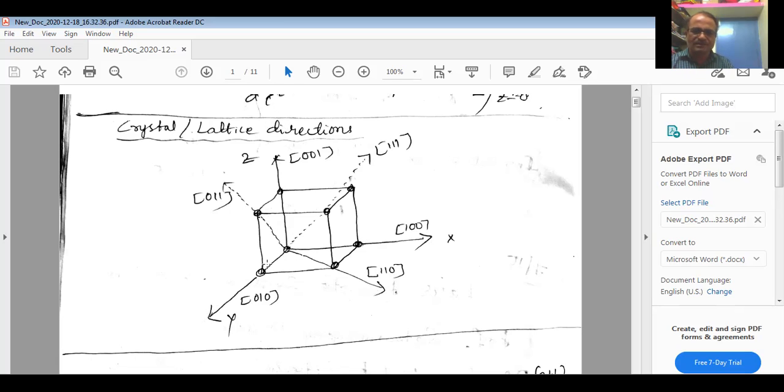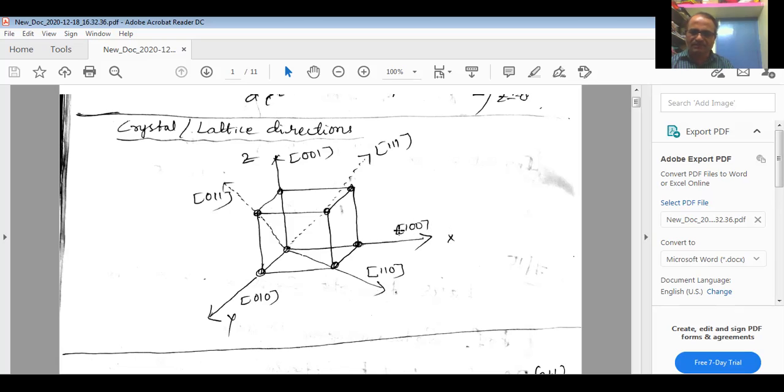These crystal directions are the directions which pass through some particular point of this lattice or unit cell. So the direction which passes along the x-axis is referred to as a 100 direction.